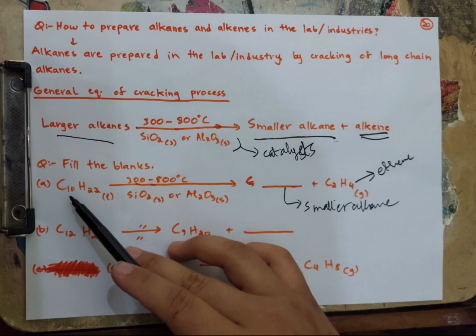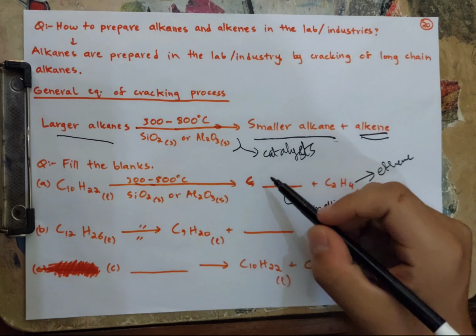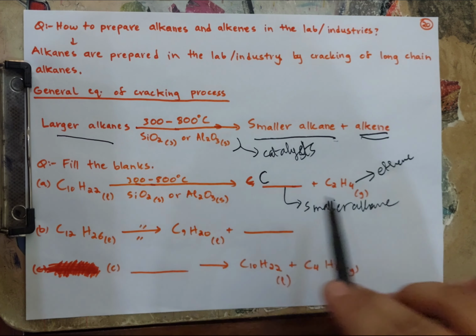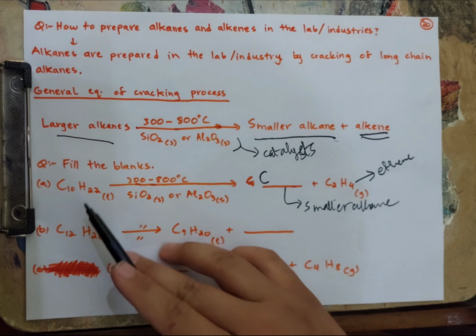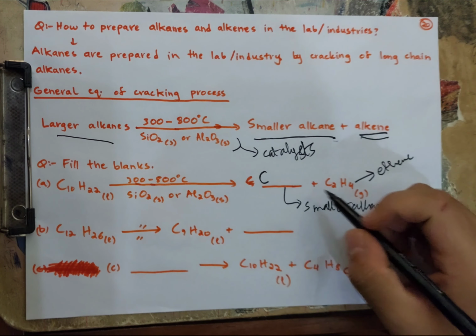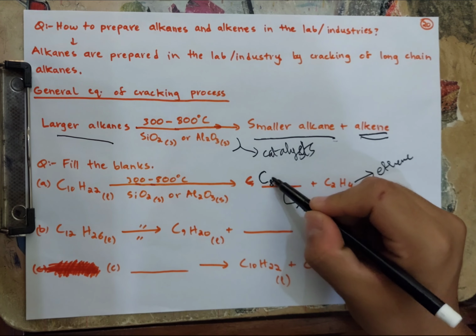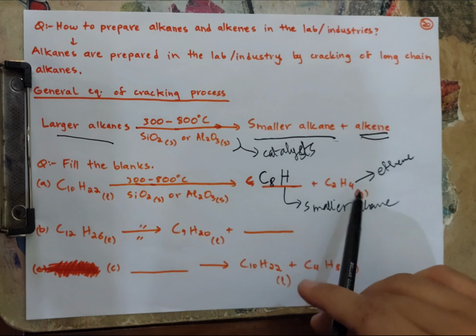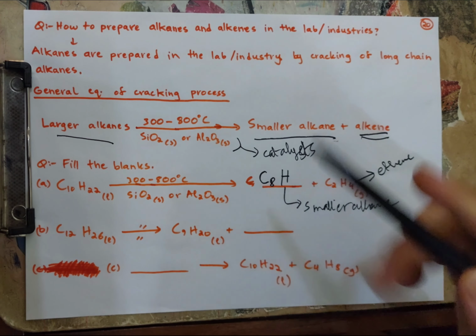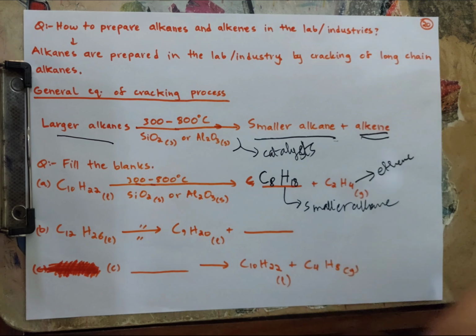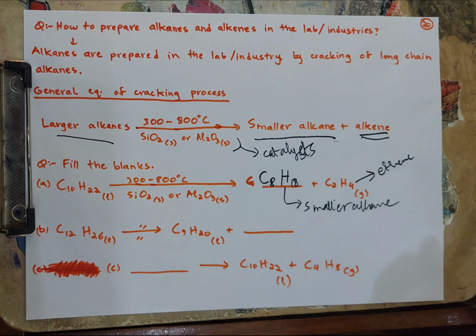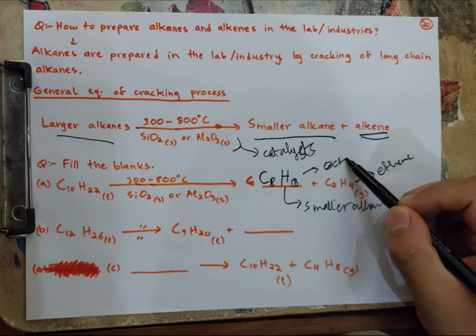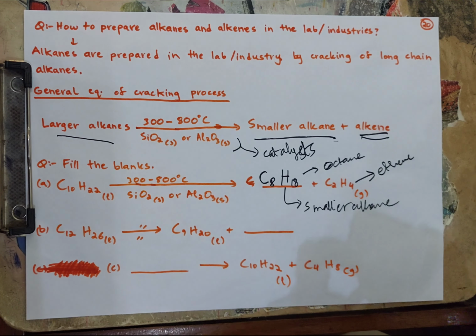As we have C10 and C2 is formed, the carbon number on both sides of the reaction must be balanced. So here we have 10, we must also have 10, so we write C8, and H: 22 minus 4 is 18, C8H18. So we have octane as the smaller alkane formed.